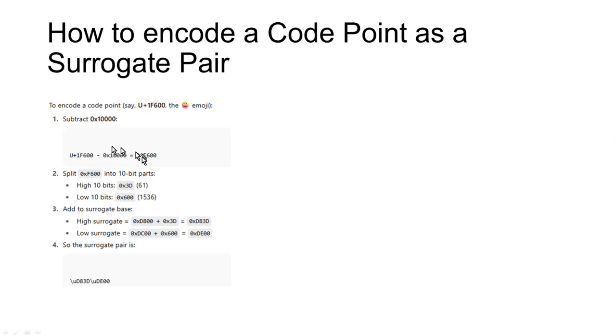You make that subtraction and you get F600. If you break that into the two 10-bit segments, the high and the low 10 bits of that residual number from the subtraction in step 1, you get 61 and 1536. If you represent those in hex and add them to the base value of each of the surrogate ranges, you will get the two surrogate values. And so this is algorithmically how you would go about doing that.